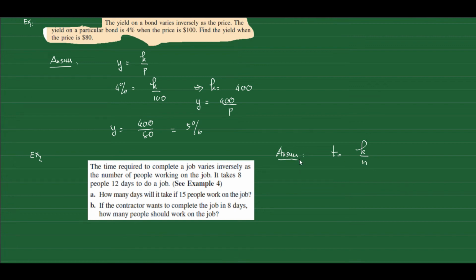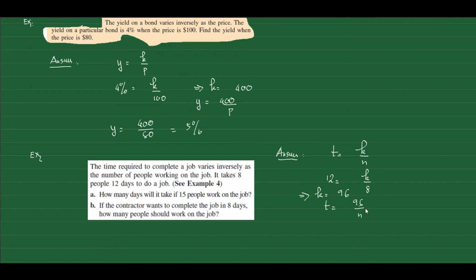If we take 8 people, it takes 12 days to do a job. So 12 equals k over 8. We need to set up the equation of indirect variation, k is 96. So the equation will be t equals 96 over n.